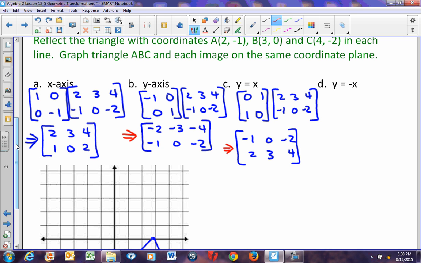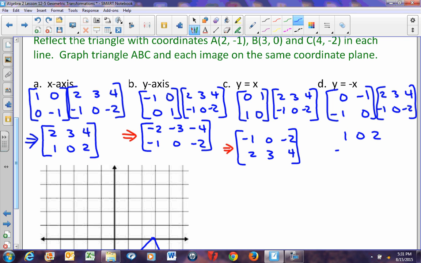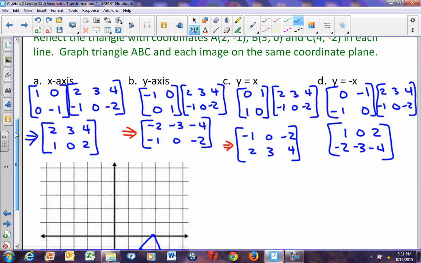And last but not least, y equals negative x, which is 0, negative 1, negative 1, 0. We multiply those together and we're going to get 1, 0, 2, negative 2, negative 3, negative 4. So now I'm going to graph all 4 of these.